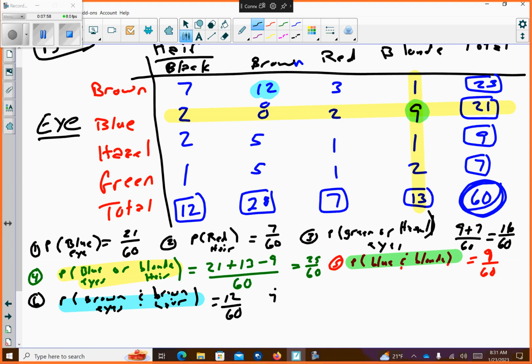Number 7, what is the probability that we have brown hair such that the person has brown eyes?